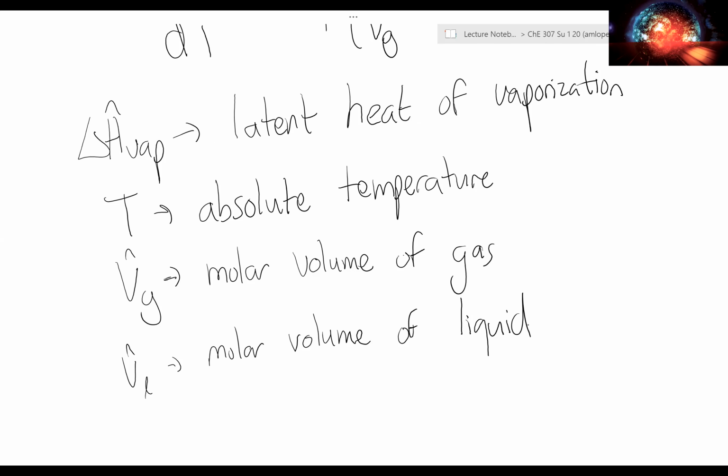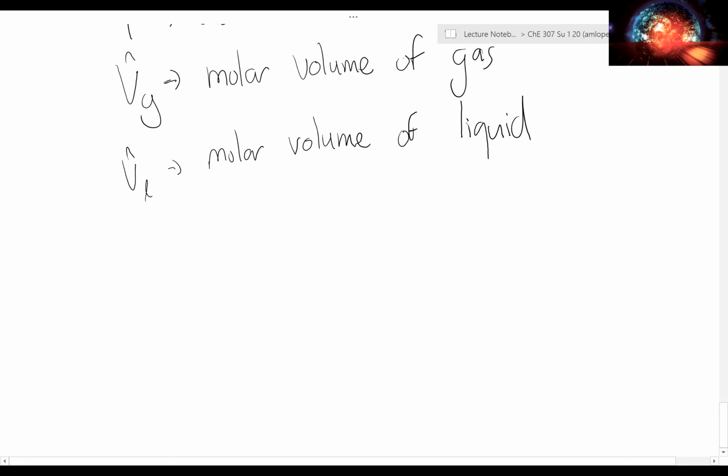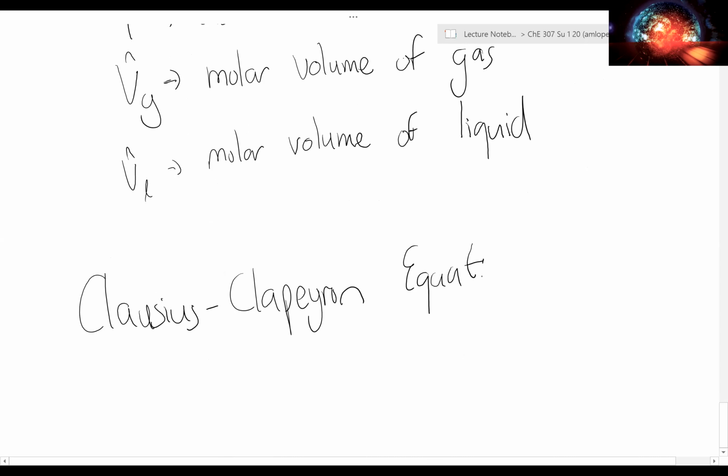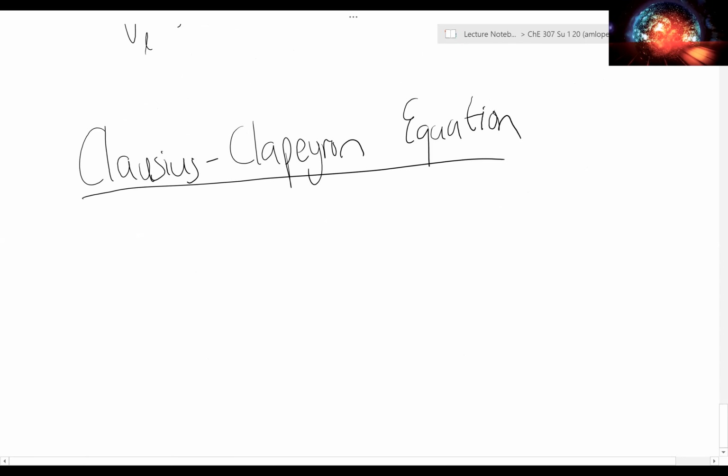Another approximation for this is through what's known as the Clausius-Clapeyron equation, which is a modified form that linearizes the Clapeyron equation above.